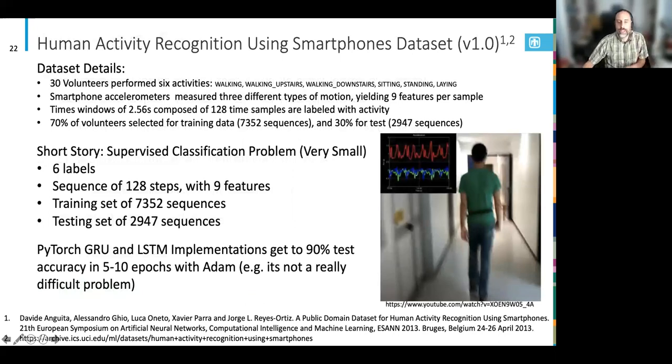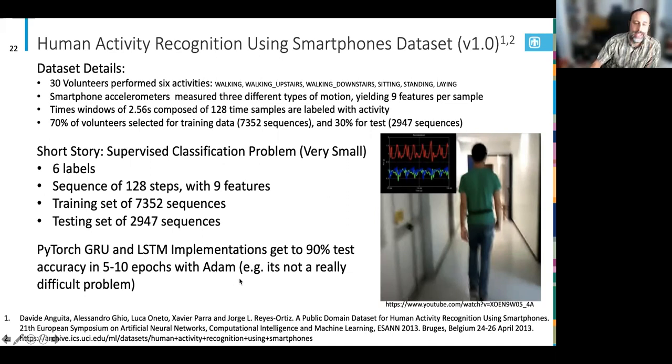So I have a couple of examples here. We have human activity recognition using smartphones. This is a really small data set. You have 6 labels. Each sequence has 128 steps with 9 features. We're going to run this through the GRU approach. And in general, for GRU and LSTM with 5 to 10 epochs on Adam, you can get to 90% test accuracy.